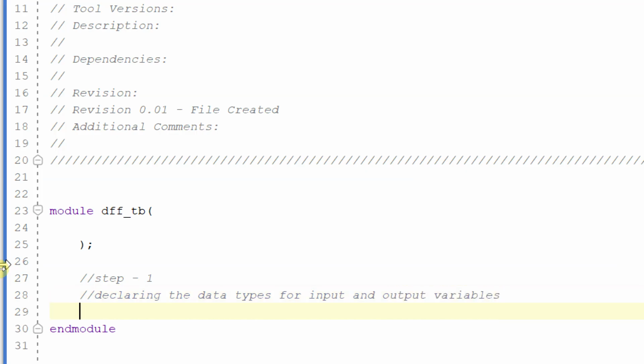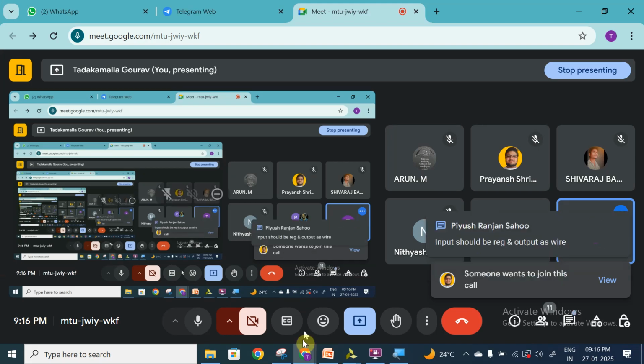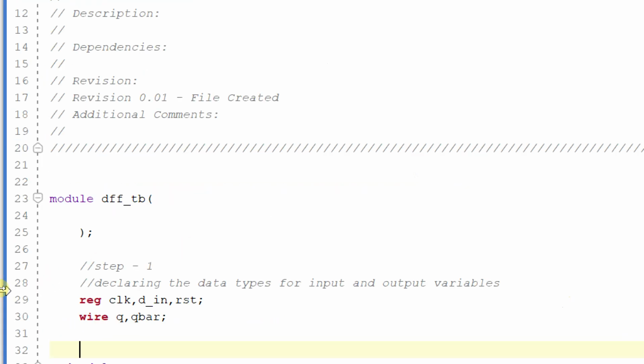Okay, so this is step 1. That is, we are going to declare clock, d underscore in and reset as reg, and our outputs q and q bar as well. Okay, so this is the first step we are going to follow. Is it clear? Inputs should be reg and outputs as well. Yes, so inputs we have declared as reg and outputs as well.